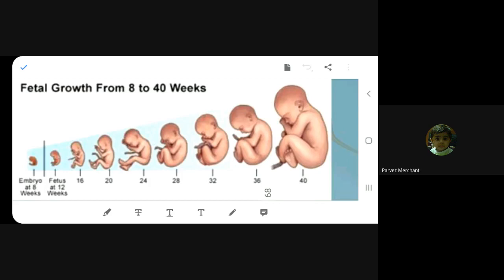Then how do we get the fetus? Zygote divides, we get an embryo. Embryo further divides, we get a fetus. Agree with me?